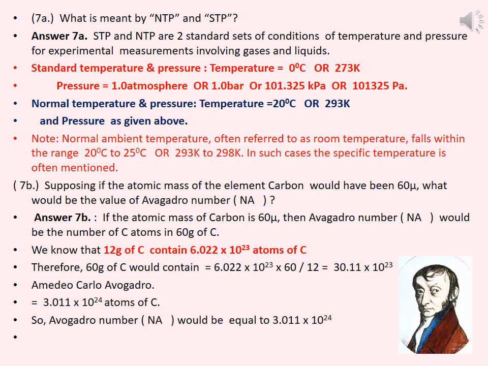Shifting the decimal, we can write it as 3.011 into 10 power 24 atoms of carbon. So Avogadro number Na would be 3.011 into 10 power 24 if the atomic mass of carbon is 60 mu.